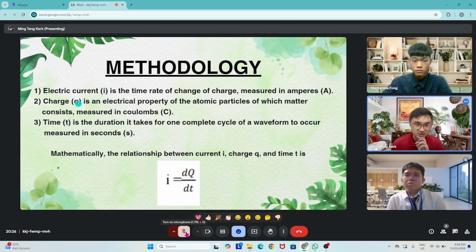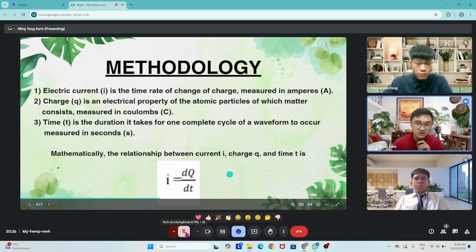A charge Q is an electrical property of the atomic particles of which matter consists, measured in coulomb, C. Third, time T is the duration it takes for one complete cycle of a waveform to occur, measured in seconds, S. Mathematically, the relationship between current I, charge Q, and time T is I equals dq over dt.